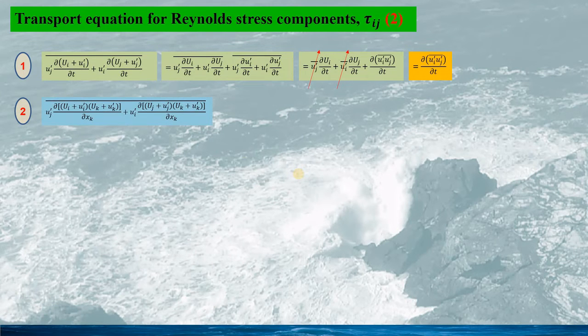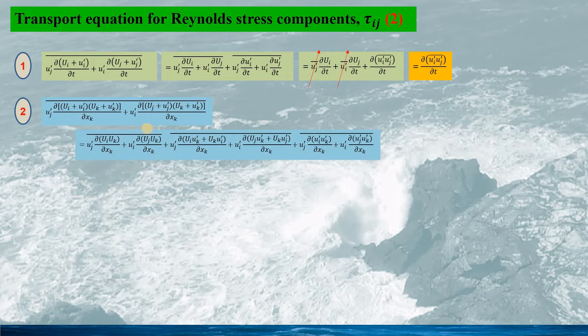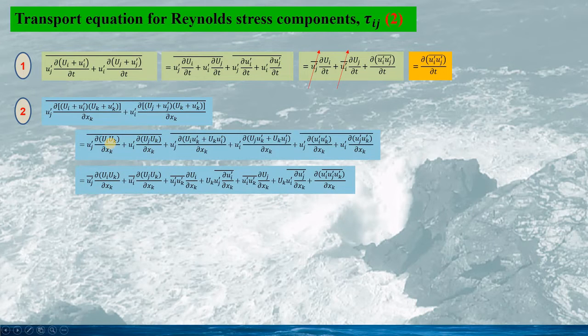The second term has an expression as this. Now we multiply the relevant terms together, so we have the expression as this. Now we can take the mean velocities, capital Ui, capital Uk, capital Uj, out of the averaging operation.